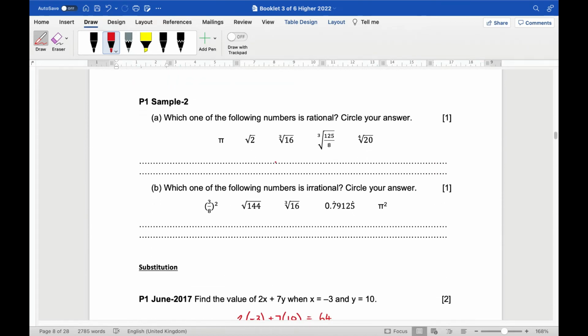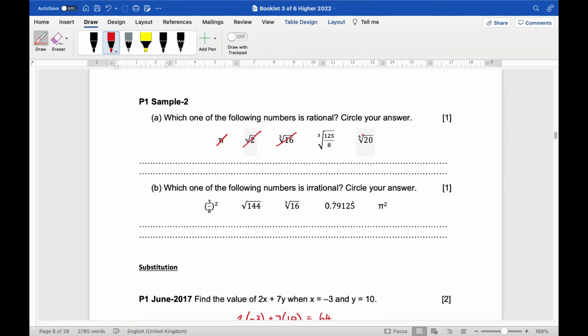Okay, which one of the following numbers is rational? Pi is irrational. That doesn't have an answer, so that's irrational. 16 doesn't have a cube root, does it? Because 2 times 2 times 2 is 8, and 4 times 4 times 4 is 64. So 16 doesn't have a cube root, so that's irrational. Okay, 20 doesn't have a fourth root.